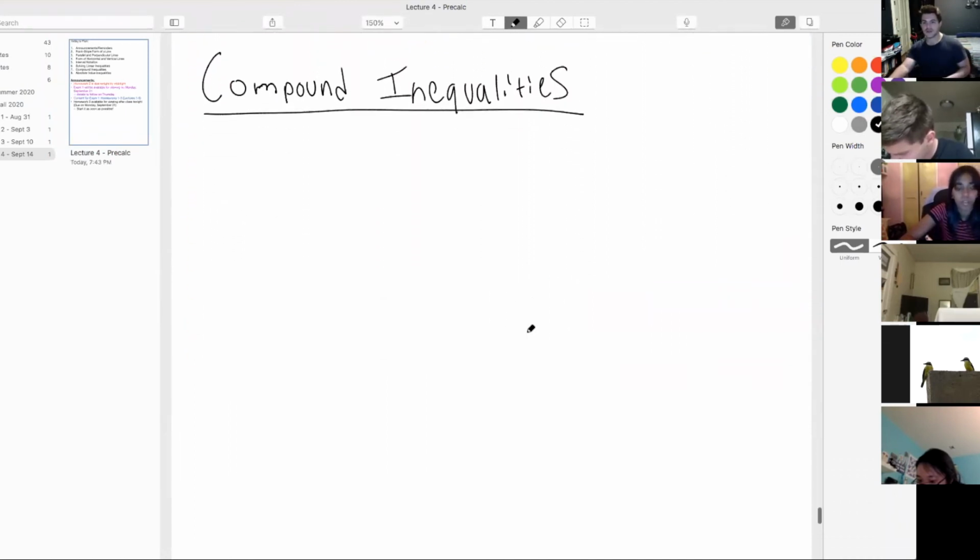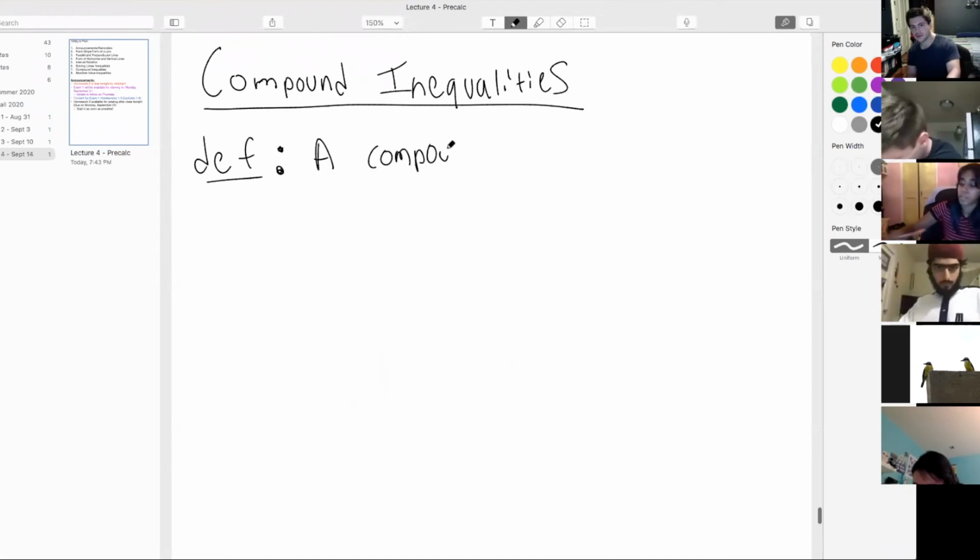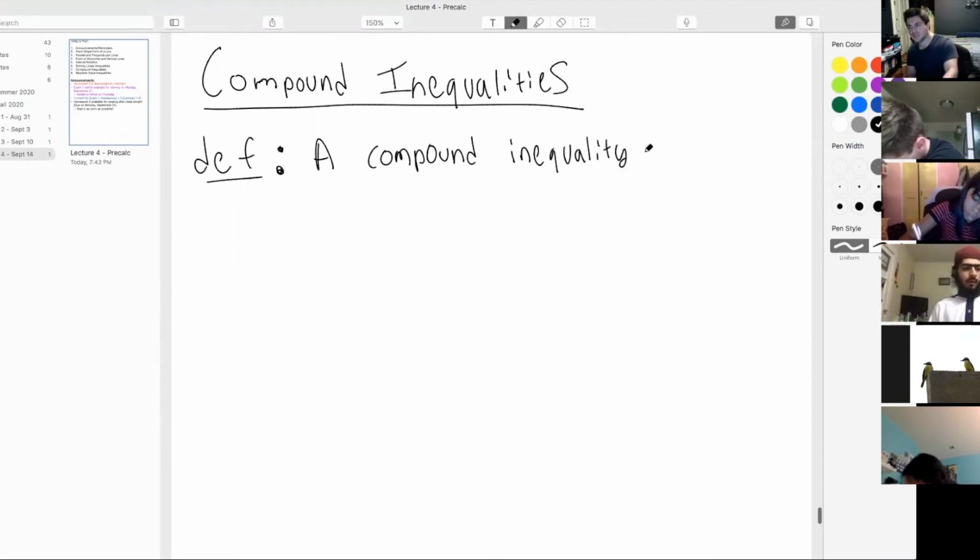Okay, so let's just get a definition for this. What is a compound inequality? A compound inequality is two inequalities in one statement.